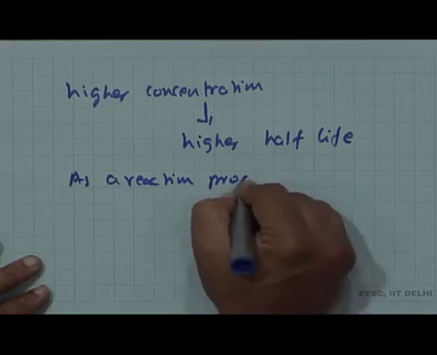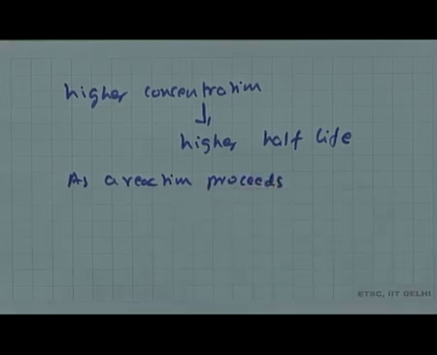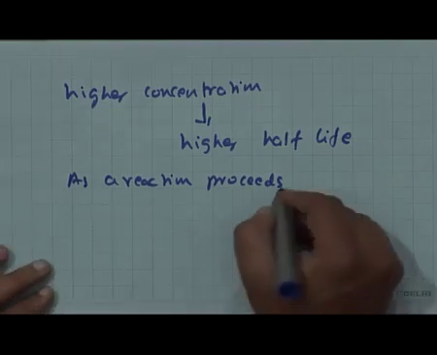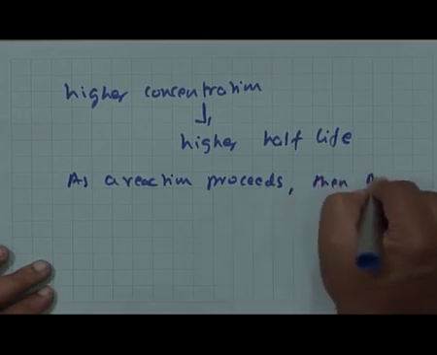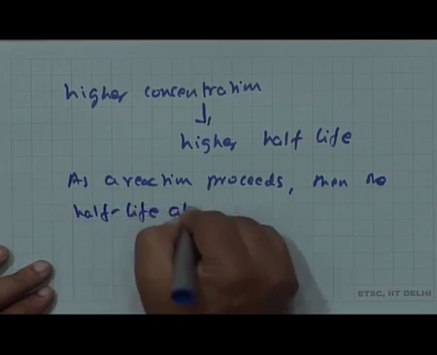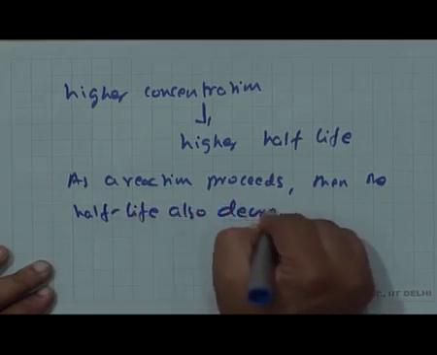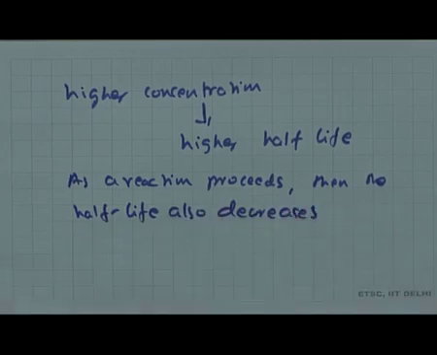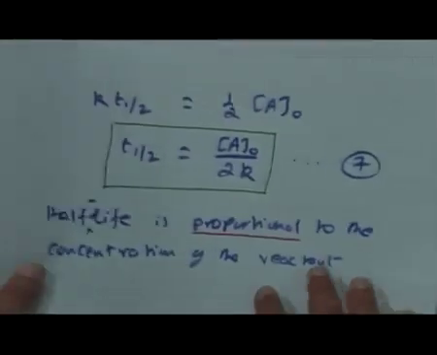Okay. In other words, as a reaction proceeds and if that reaction is of 0 order, here we are talking about 0 order reaction right now, because everything is under the description of a 0 order reaction. So, as a reaction proceeds and if it is following 0 order, then the half life also decreases, right, which makes sense again, because what happens as the reaction proceeds?